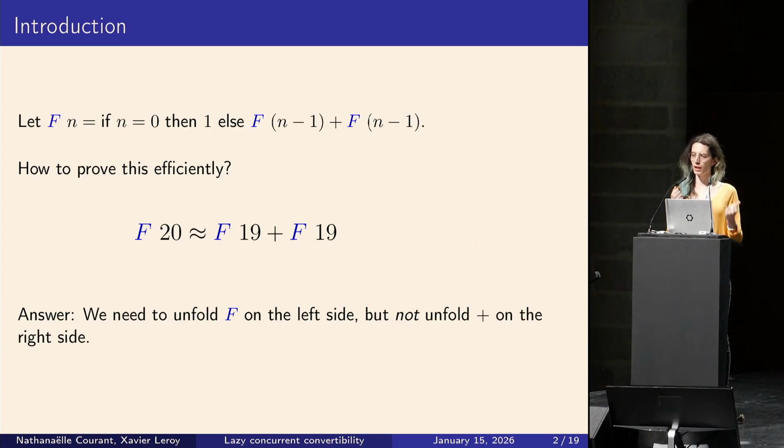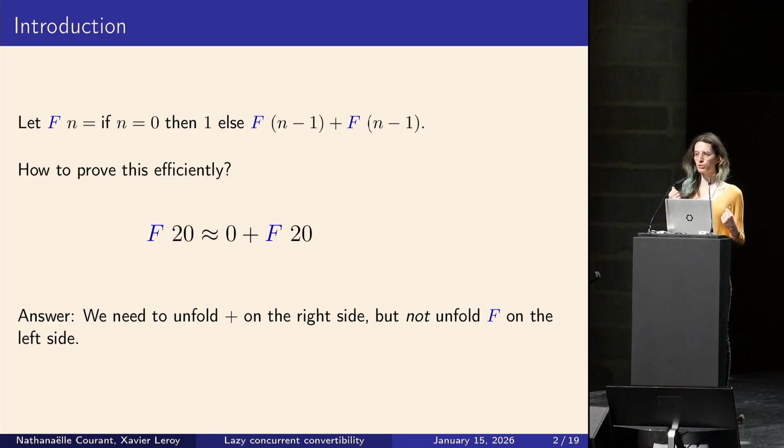Sometimes we have two different head constants on both sides, and it's unclear which we need to unfold. So again, Coq uses heuristics to do this. But suppose that here f is the exponential function, and we want to prove that f of 20 is convertible to f of 19 plus f of 19. If we unfold f on the left-hand side, but not plus on the right-hand side, we can prove convertibility very efficiently by noticing that after that we have identical sides.